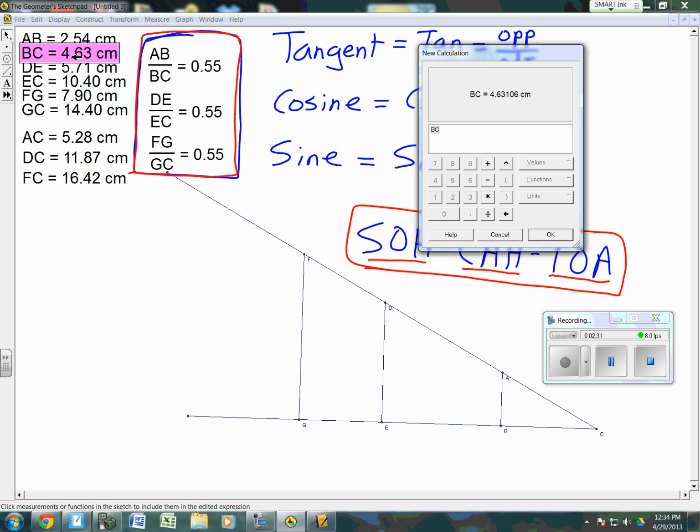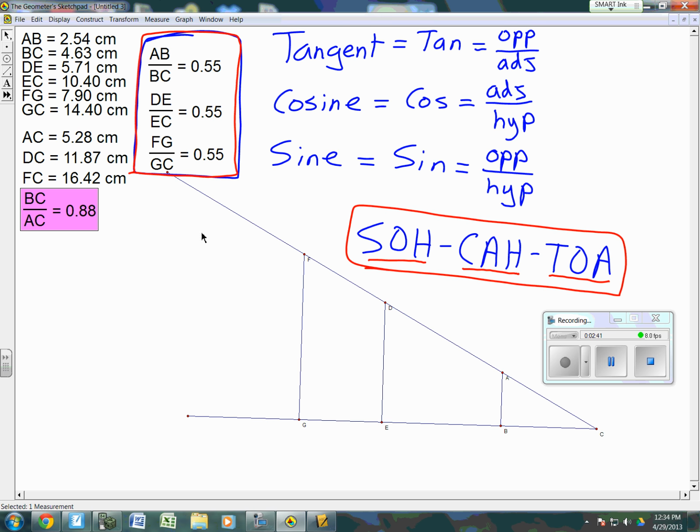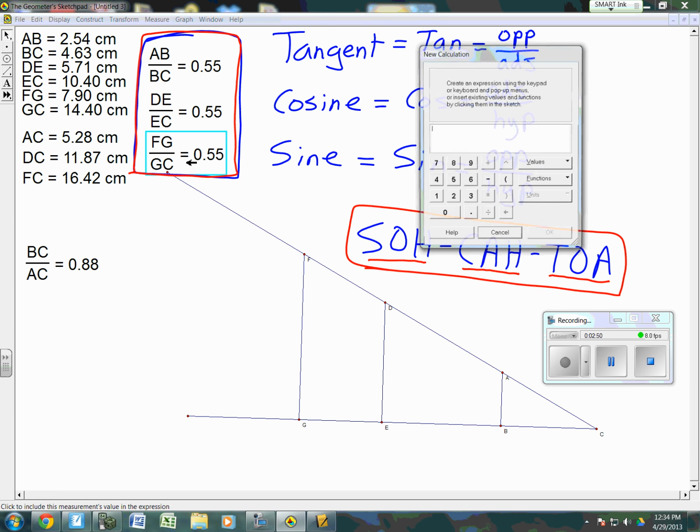So here's BC, divided by AC, which is right here. And I get 0.88, and that is a cosine, right? What if I got the other cosines? What would be the next one?